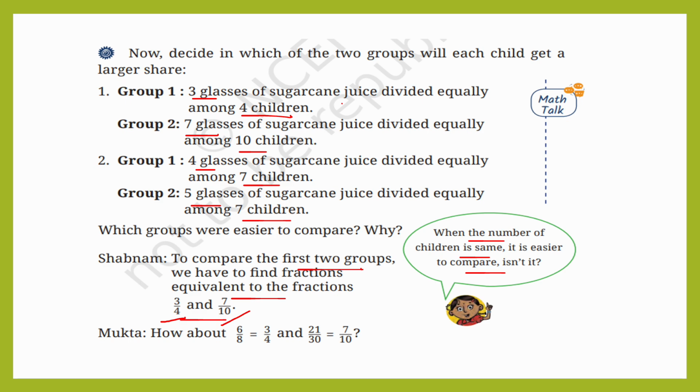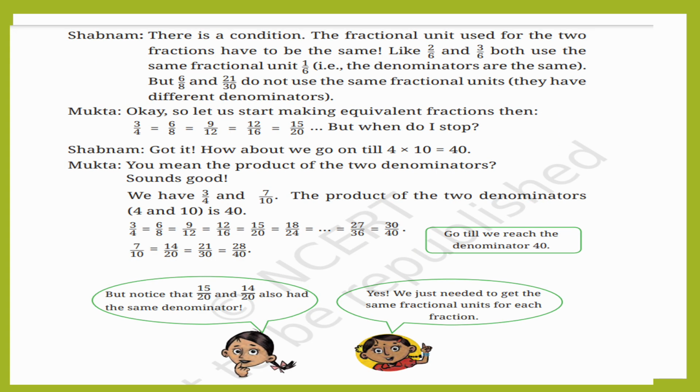Mukta, how about 6 by 8 is equal to 3 by 4 and 21 by 30 is equal to 7 by 10? Shabnam, there is a condition. The fractional unit used for the two fractions must be the same.